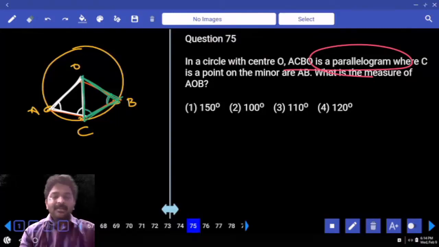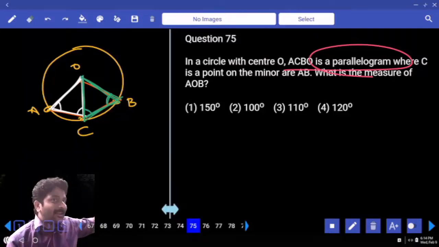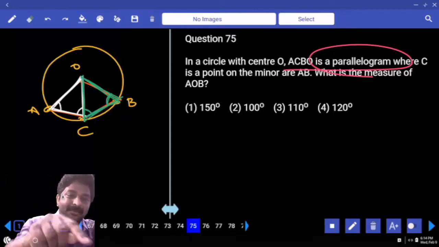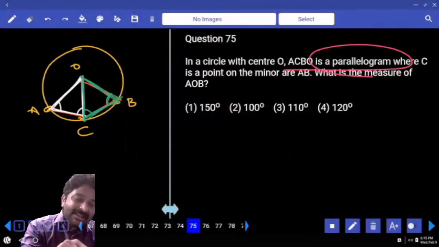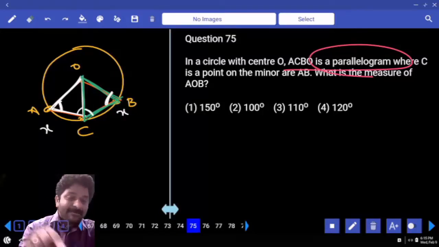Overall, this quadrilateral is a parallelogram. That means opposite angles must be same. Agreed? Now, we have already considered angle at A as x degrees, so angle at B also must be x degrees. Then angle at C for triangle OCB is also x only.